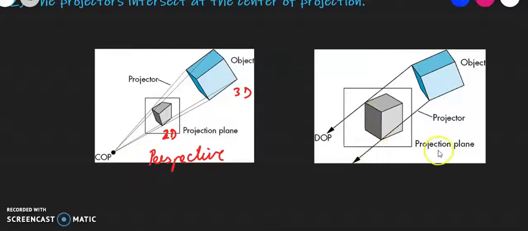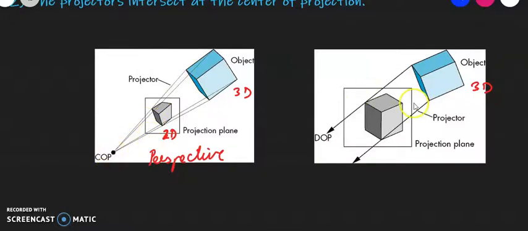The second type is the same object in 3D with the view plane in 2D. But now the difference is I don't have a center of projection here. It is at infinity, and the lines of projection, that is the projectors, are parallel to each other and don't converge to a point as they do in perspective projection.